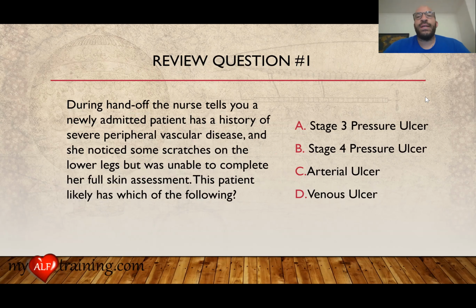And that's it. That concludes our presentation. I told you it was going to be a lot of information, but hopefully you were able to understand how important this is and understand the importance specifically of the assessment, thorough assessment of the patient's integumentary system.